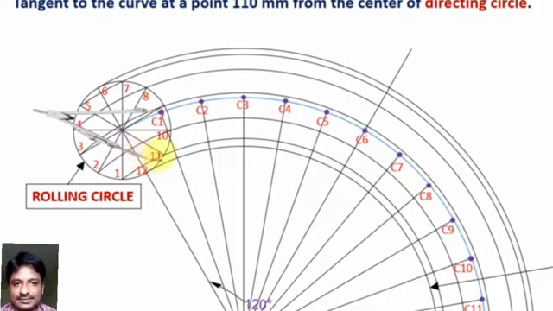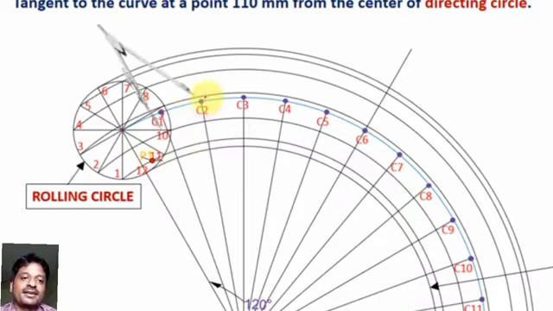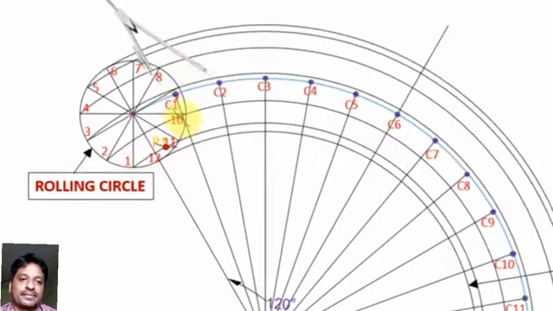It represents the first point P1. In the same way, take the compass, put it at C2 with the same radius 25 mm, draw an arc on the rolling circle and mark the arc over here, which represents the second point, that is nothing but P2.